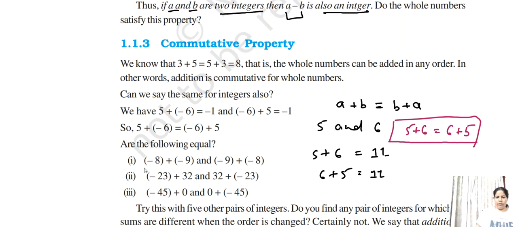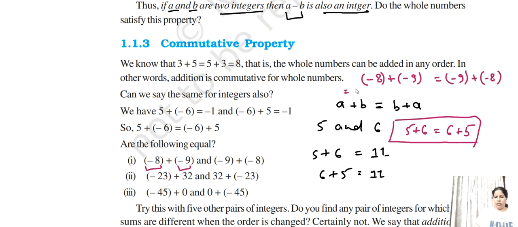Okay, so like here we can take minus 8 and minus 9. If you have these two integers, then minus 8 plus minus 9, is this equal to minus 9 plus minus 8?